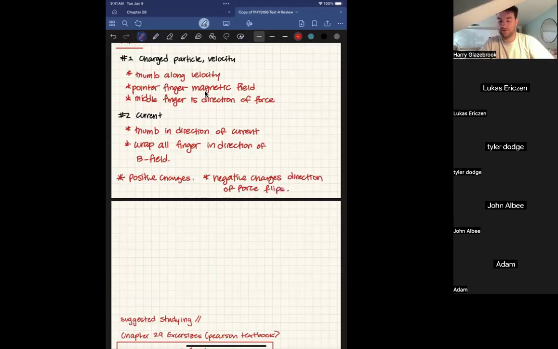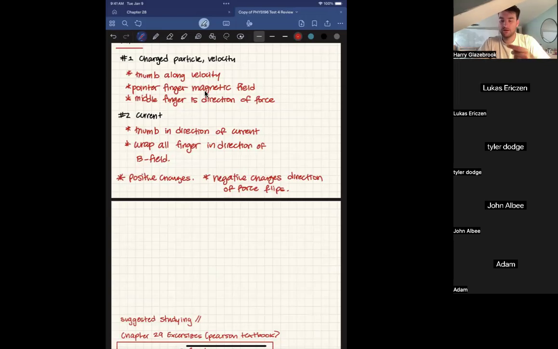Now, for current, we're always going to assume that the current is positive charges flowing, so you don't worry about anything to do with negative or positive charges. So for right hand rule number 2, don't even worry about it. For right hand rule number 1, look, is it a positive or negative charge? That'll tell you which way the force is pointing.